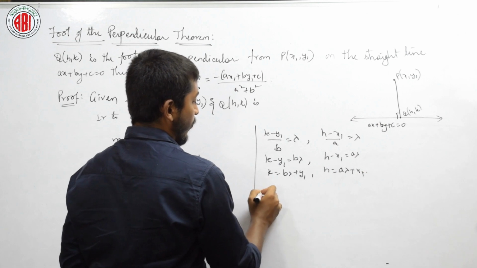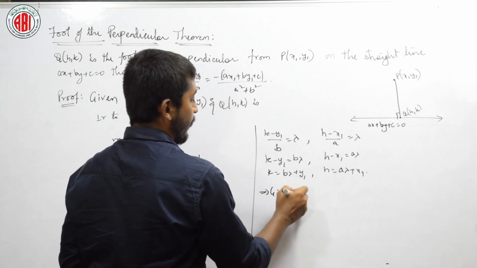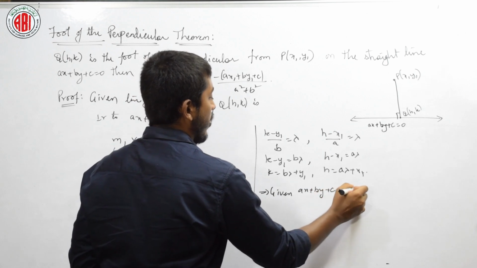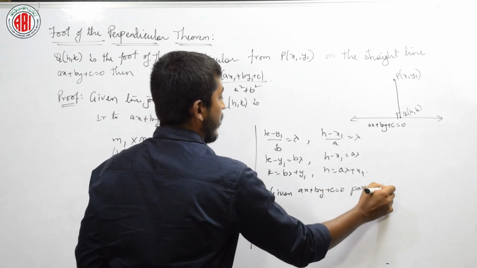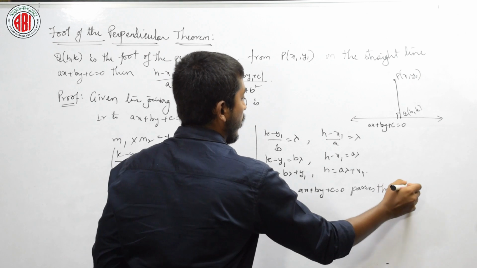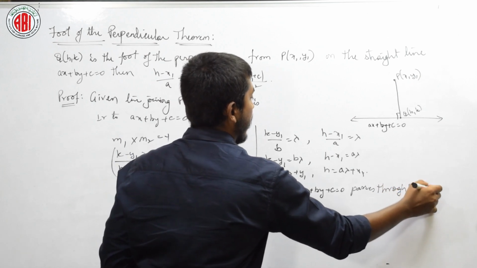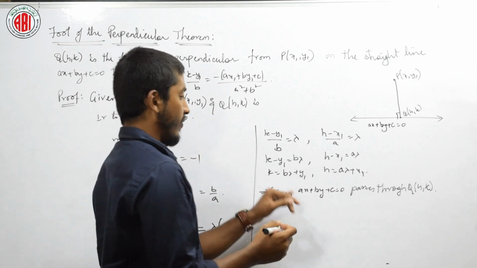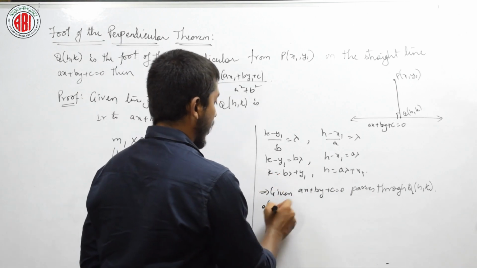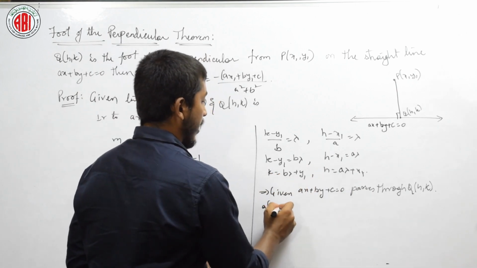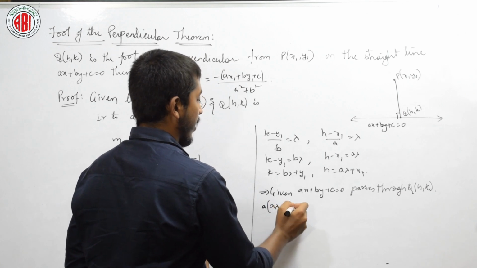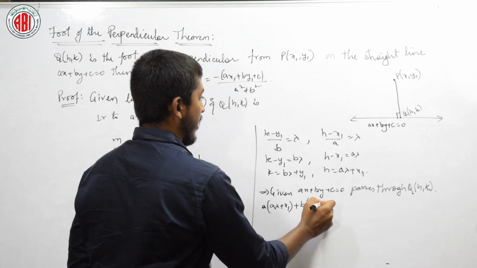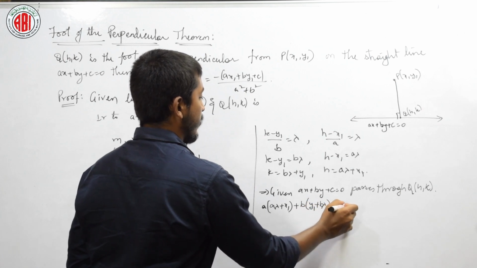We know the given line ax + by + c = 0 passes through Q(h, k). Let us substitute those values in this and see what we will get. That is a into h, which is a(a lambda + x1), plus b into (y1 + b lambda), plus c, is equal to 0.